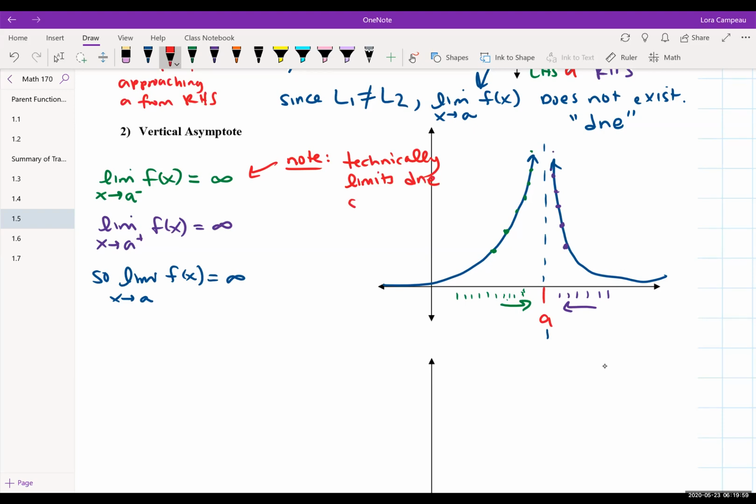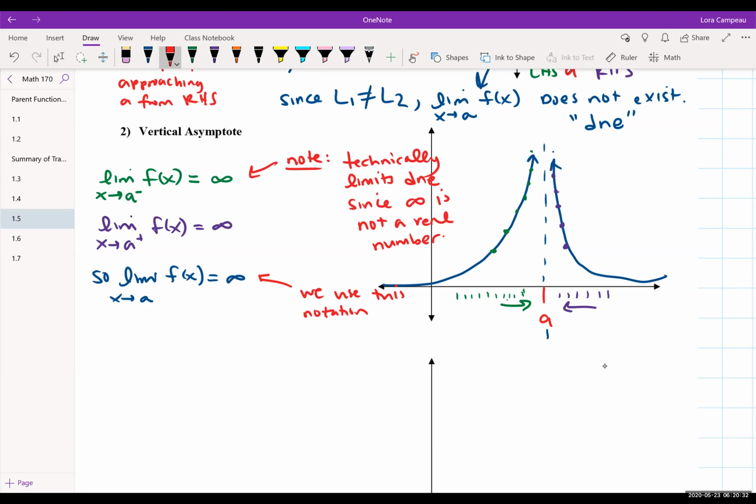And the reason why is they don't consider infinity to be a real number. However, we do use this notation where we just write that the answer is infinity, to denote the behavior of the f of x near that x value.